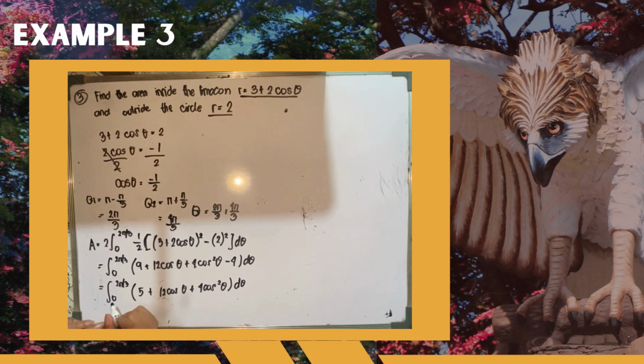Now, use the trigonometric identity, which is cosine squared theta is equal to 1 plus cosine 2 theta all over 2. So now we have the integral from 0 to 2 pi over 3. Now let's substitute the identity. You will get 5 plus 12 cosine theta plus 4 times 1 plus cosine 2 theta over 2 d theta.